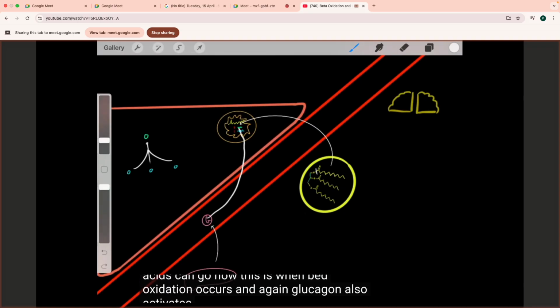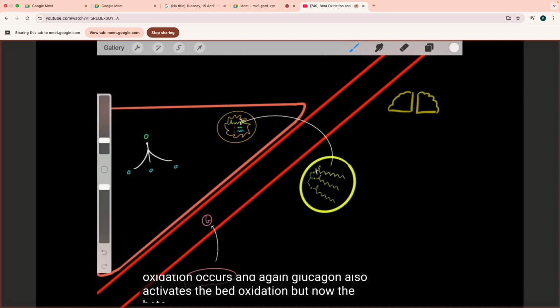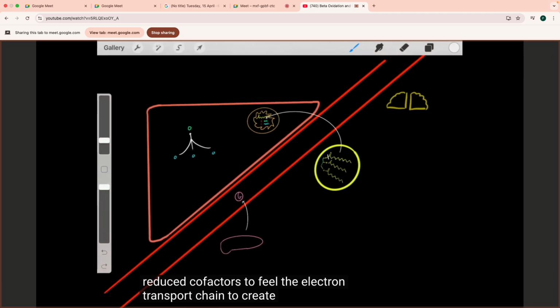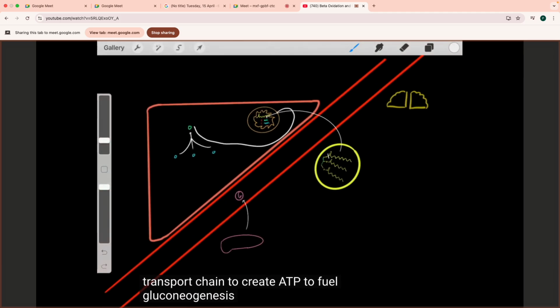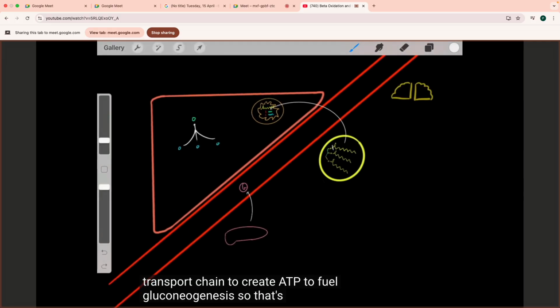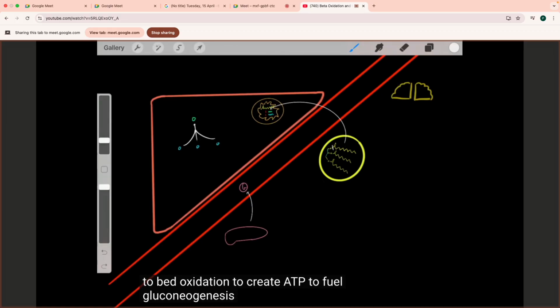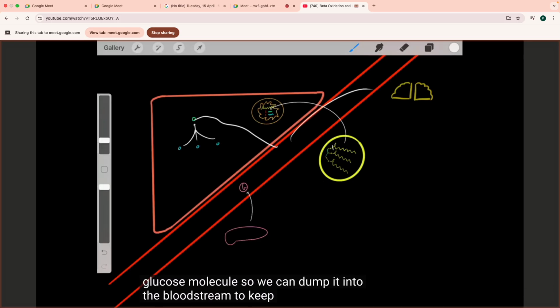And again, glucagon also activates beta oxidation, which creates these reduced cofactors to fuel the electron transport chain to create ATP to fuel gluconeogenesis. So that's the context of when we do beta oxidation. We burn these fats and go through beta oxidation to create ATP to fuel gluconeogenesis to biosynthesize glucose molecules so we can dump it into the bloodstream to keep the brain happy.